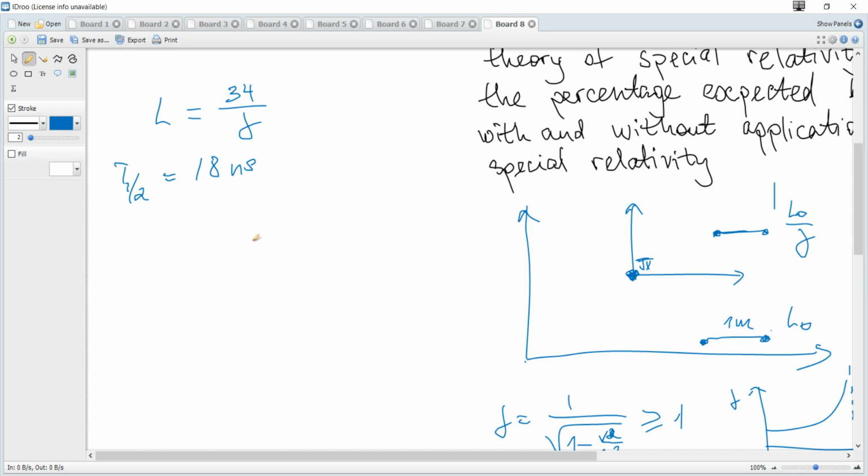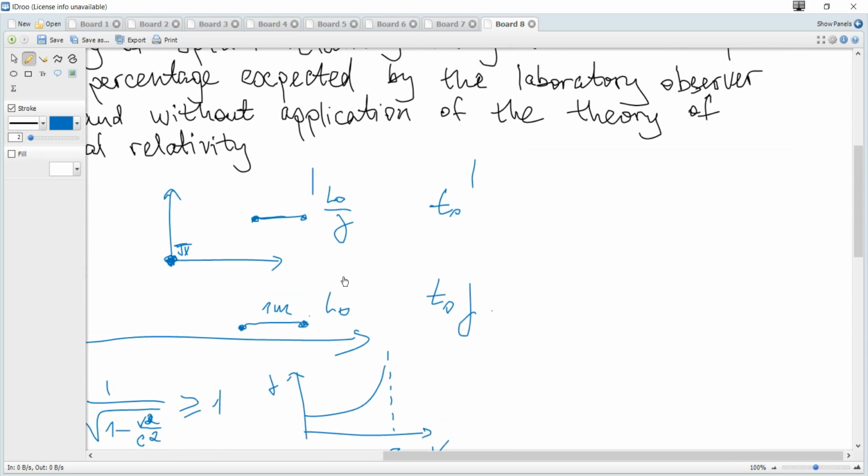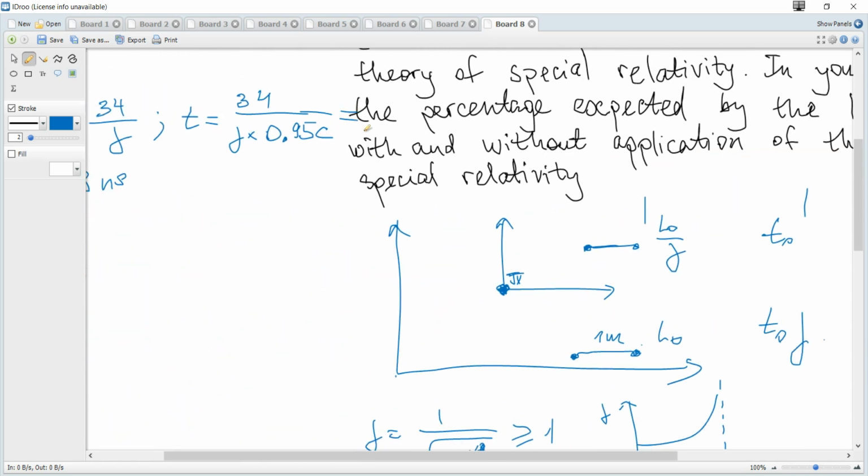The time to travel between two detectors in the moving reference frame is 34 divided by gamma and divided by 0.95 c. That is 34 divided by speed, our 120 nanoseconds, divided by gamma.